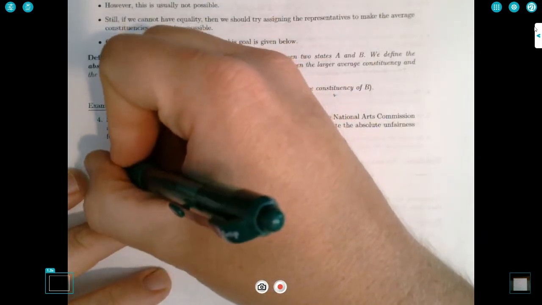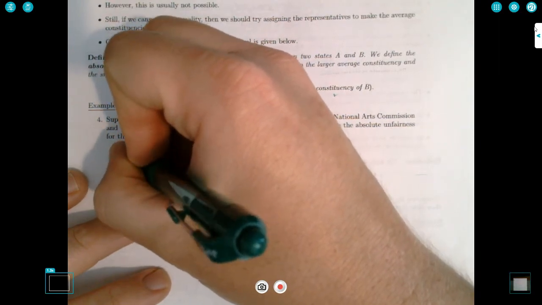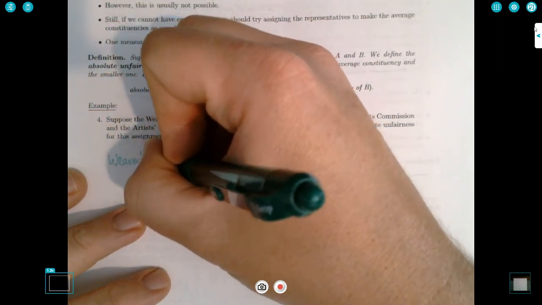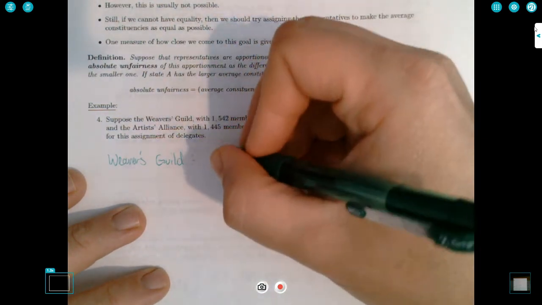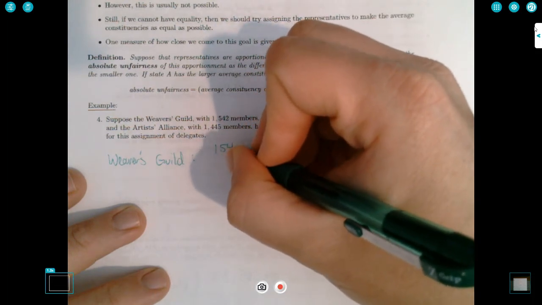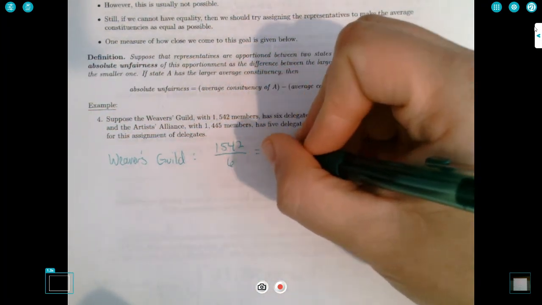So let's do that for the Weavers Guild. The Weavers Guild has an average constituency of 1,542 divided by 6, because they had 6 delegates, right? So that's 257, exactly.